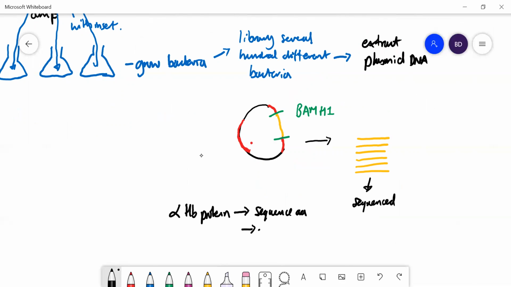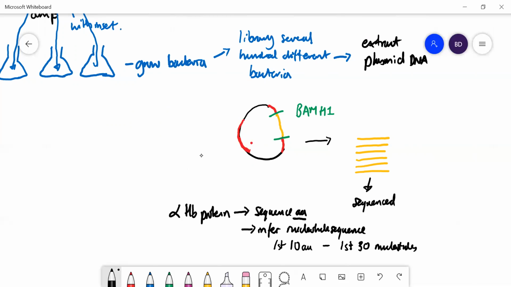And from that, you can infer some of the nucleotide sequence. And usually you wouldn't have to sequence the entire protein. You could just do the first, say, 10 amino acids. And so the first 10 amino acids would give you the first 30 nucleotides.